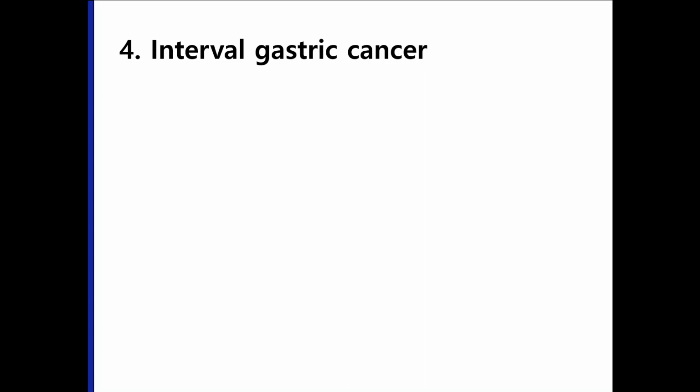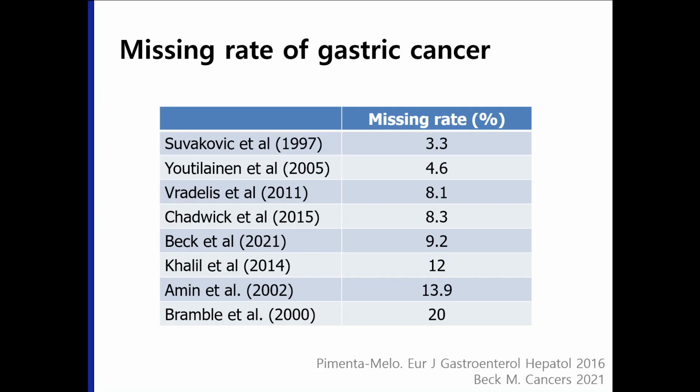Next topic is interval gastric cancer. It is very difficult to measure the sensitivity and specificity of endoscopy for gastric cancer. The reported missing rate ranges widely from 3% to 20%.